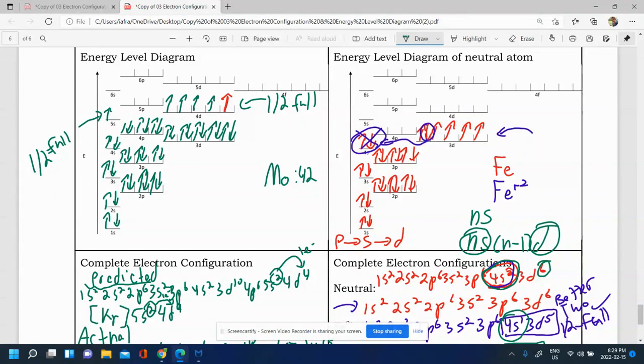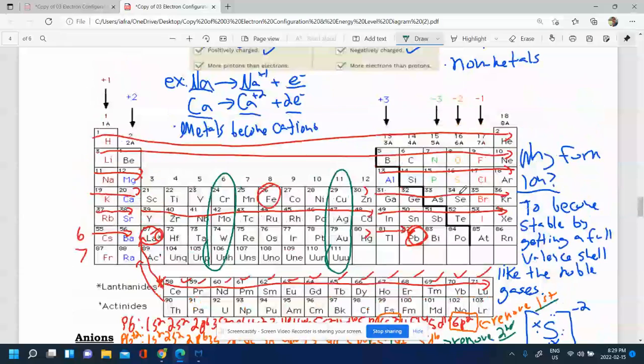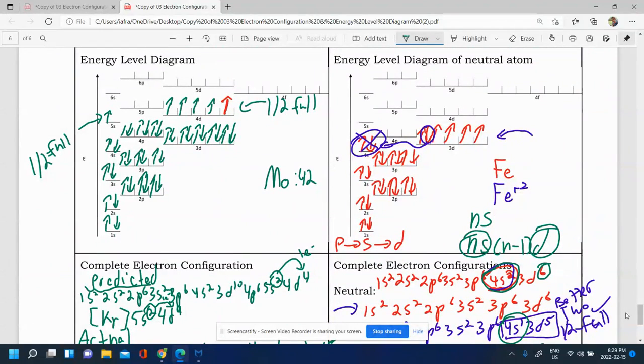If you were in metals that fall into your P block, so around here, for example, group 13, group 14 area, metals that lose electrons, their valence electrons are typically going to be the highest energy S and the highest energy P. And so you'd remove from the P first and then the S. For the group 1 and 2 metals, you remove from the highest energy S. And then for the transition metals, you would typically remove from the highest energy S and then from the D thereafter. Not so much from the P because it's not found in the highest energy level there overall.